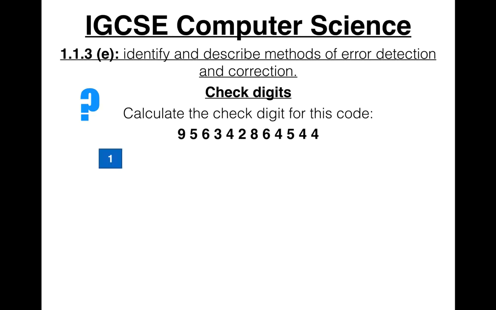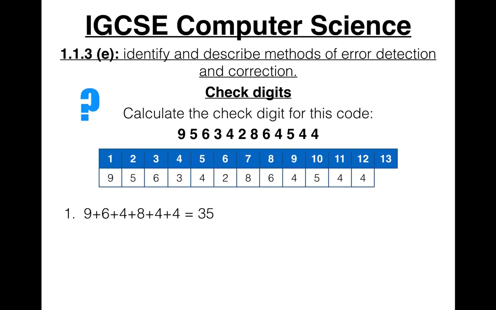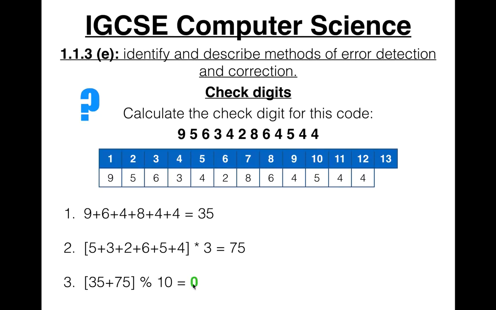Let's try another one. Plug in the numbers. We'll whiz through this because you hopefully know the process. Since the remainder is 0, the check digit is 0, so we don't need to subtract it from 10 to get 10. Just keep in mind, with check digits in the exam, I'm pretty sure they won't expect you to know ISBN 13.